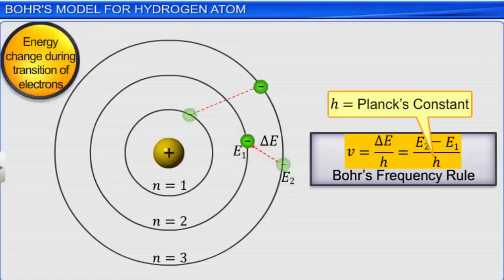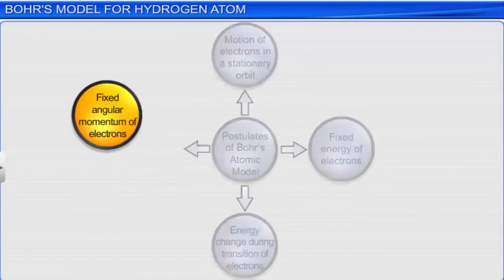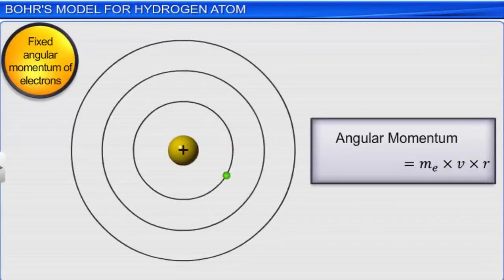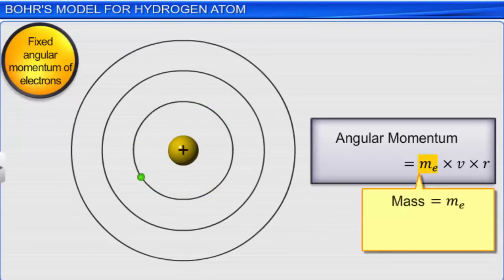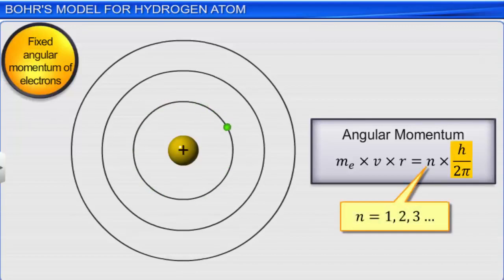The fourth postulate states that an electron moving in a circular orbit has an angular momentum equal to the product of its mass me, linear velocity v, and radius of orbit r, which can be expressed as an integral multiple of h divided by 2 pi, where n is an integer that has the values 1, 2, 3, and so on, and h is Planck's constant.